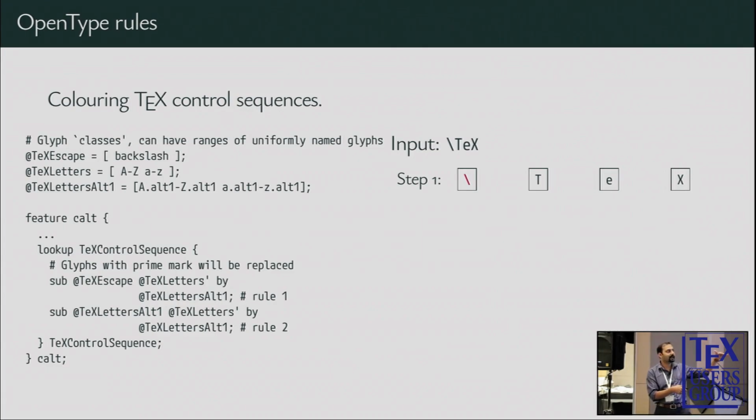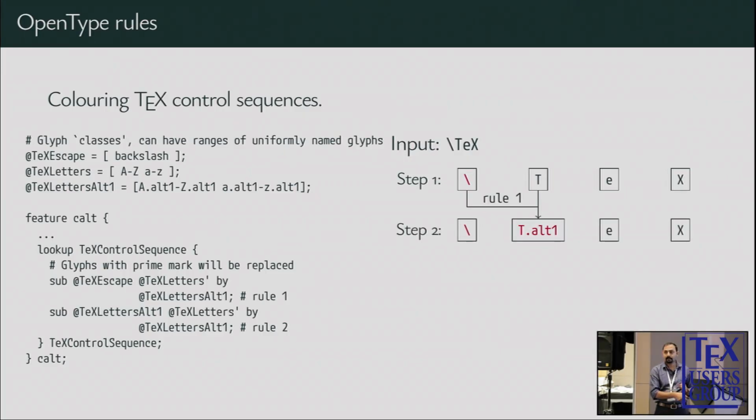Well, this is really ideally step 0, but in step 1, I'm going to focus on T. So the shaping engine actually runs through each rule successively. So it first tries to match this. Do I have an escape preceding me? Yes, if I am T, I have an escape behind me. Then I'm going to replace this T with T.alt1.